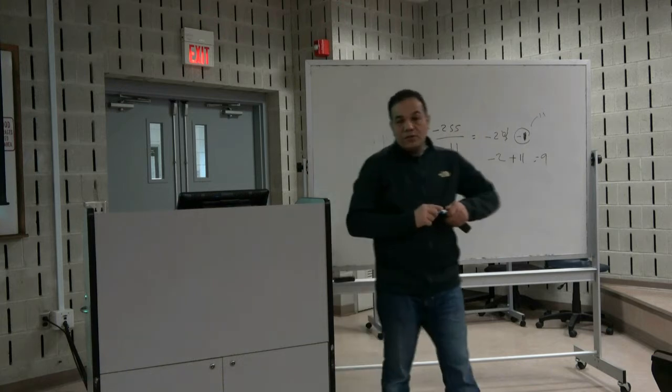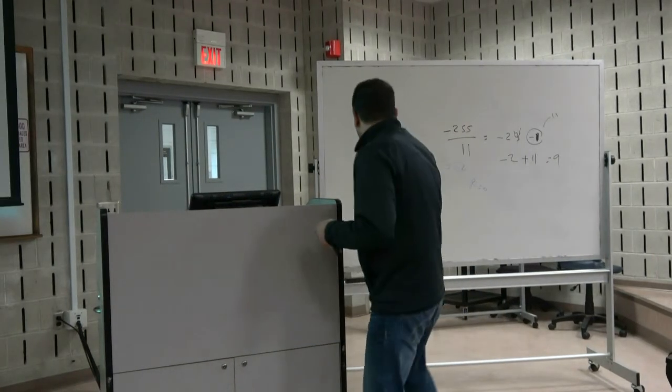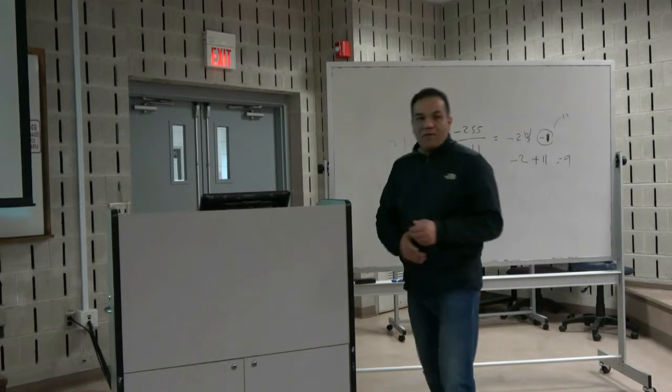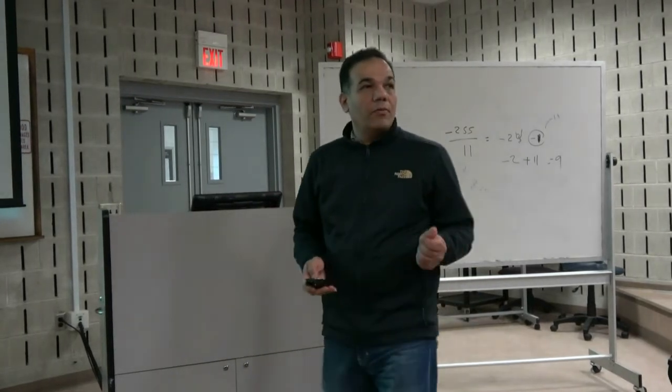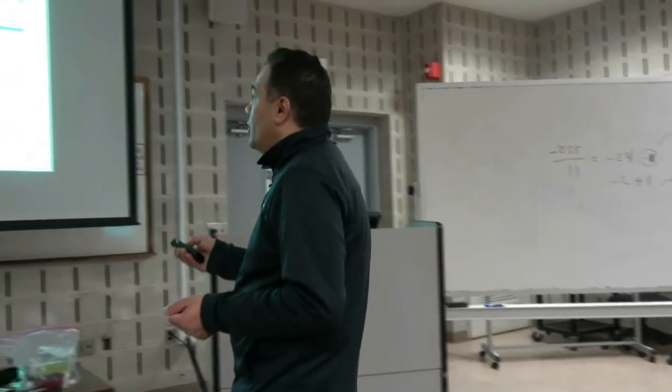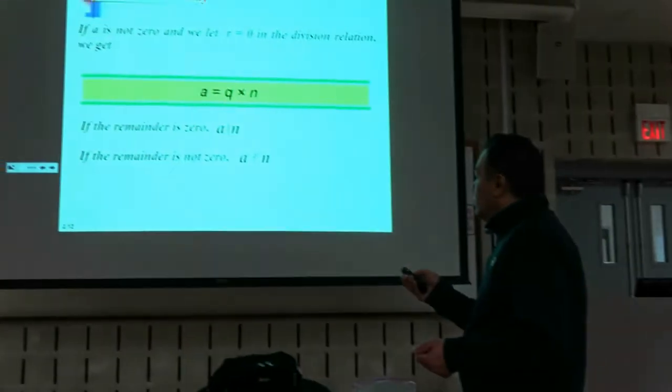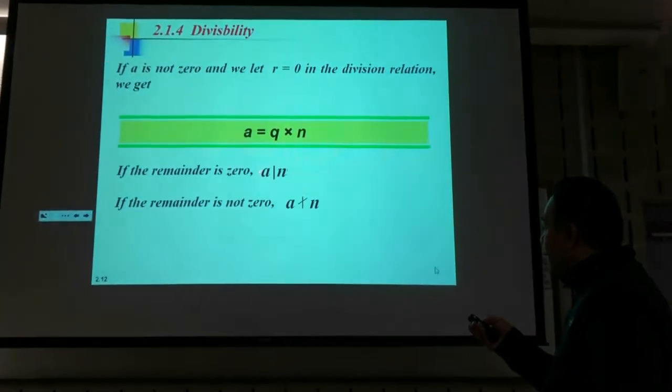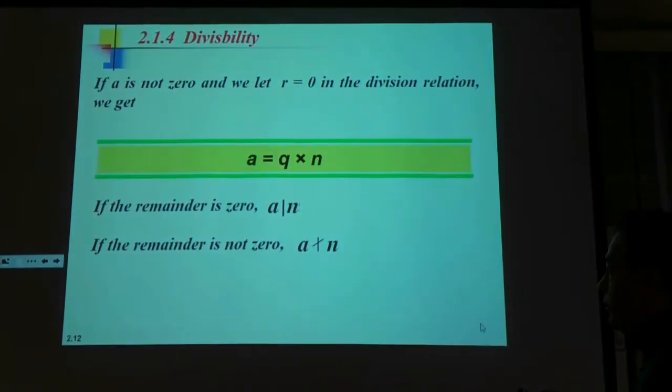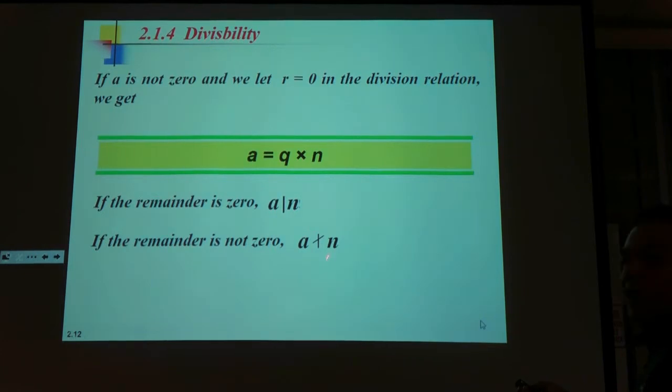So some numbers divide numbers, and some numbers do not divide numbers. Does not divide means it will give you a remainder. So if the remainder is 0, then we can say A divides M. If it's not, we say A does not divide M. Simple math.